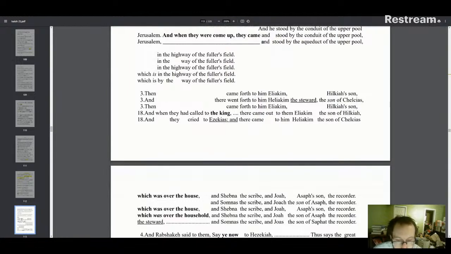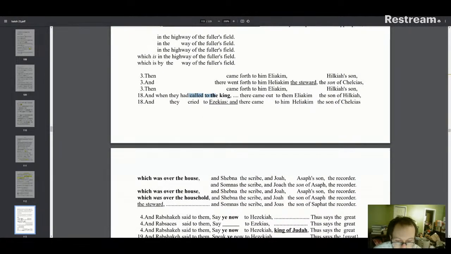So now we have here, there came forth to him Eliakim, Hilkiah's son. That's in Isaiah. Second Kings says the same thing: there came Eliakim, the son of Hilkiah. But Second Kings says, when they had called to the king, and then the Septuagint of Second Kings says, when they cried to or called to Hezekiah.